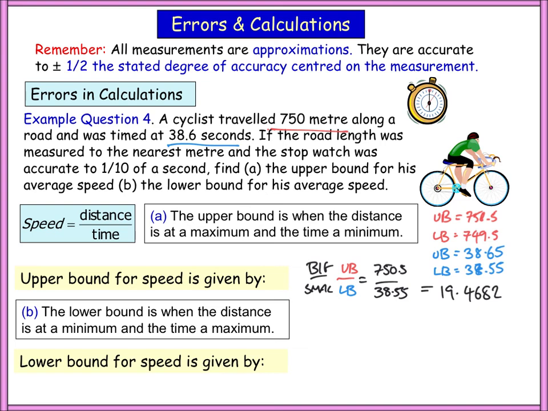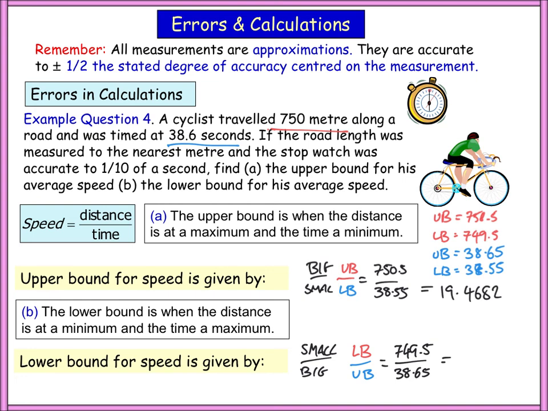On the other hand, if we want the lower bound for speed, I want my fraction to be as small as possible. So the number on top needs to be small and the number down below needs to be bigger. That means we're using the lower bound for the distance and the upper bound for the time. And again, because we've already worked these out, it's just a matter of copying that from above and plugging it into this, and then letting our calculator do the rest.